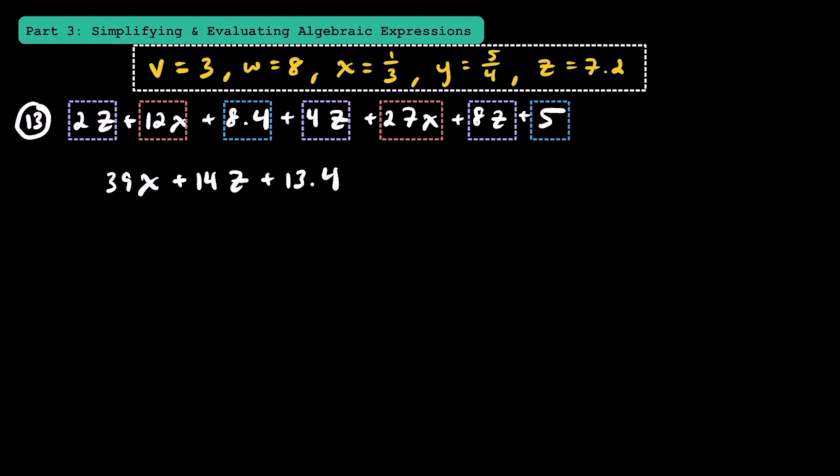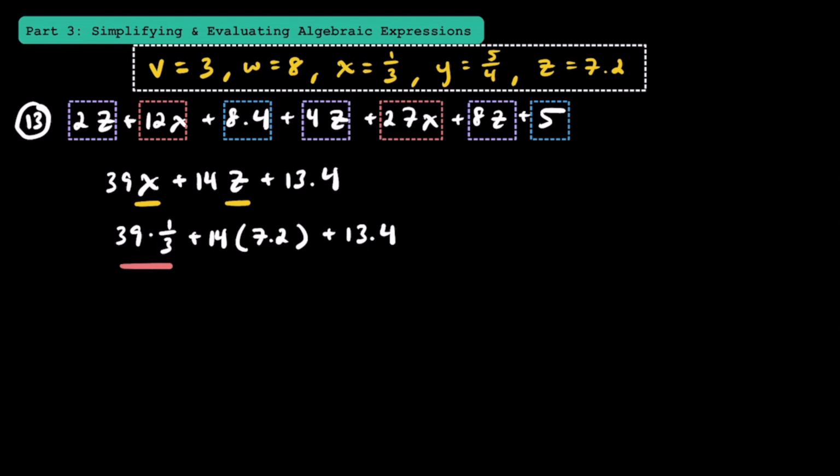Now that we've combined like terms to simplify our expression, let's substitute in our values for x and z. X is equal to 1/3, so we have 39 times 1/3 plus 14 times z, and z is equal to 7.2, so we'll multiply that right over here, and then add on the 13.4, which is our constant. We have two multiplication problems, but we'll start with the one on the left.